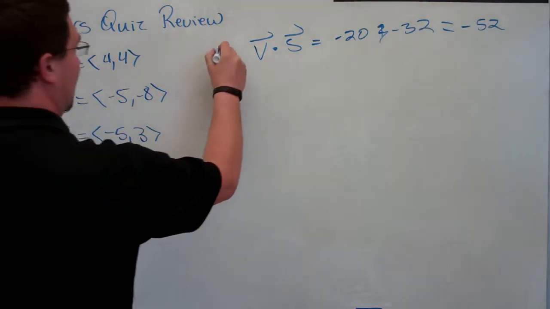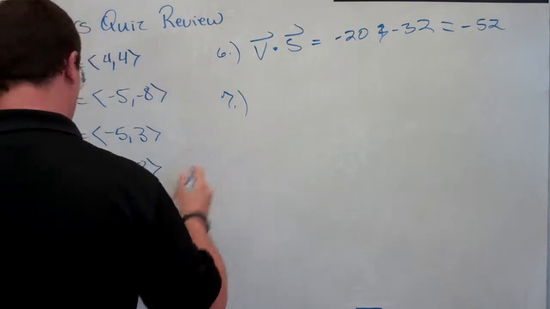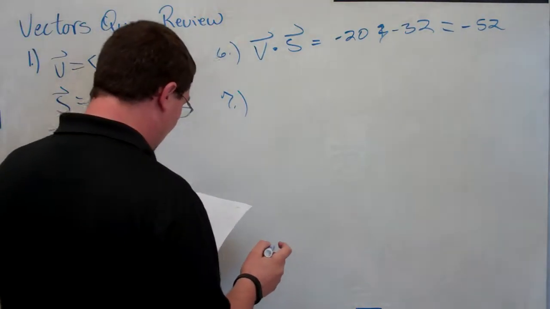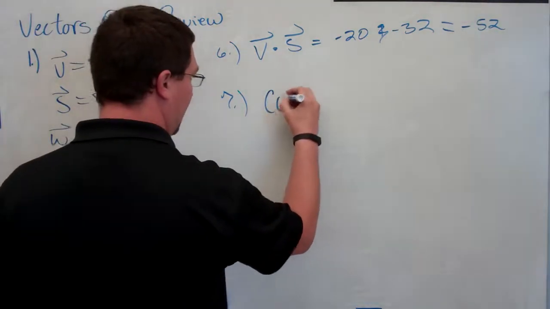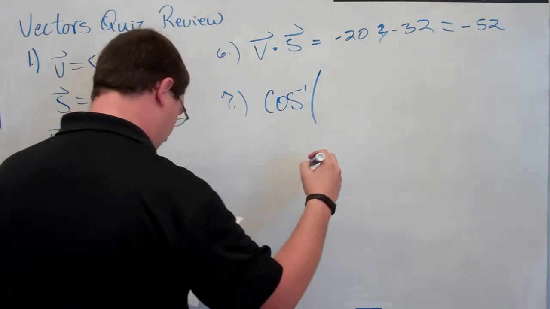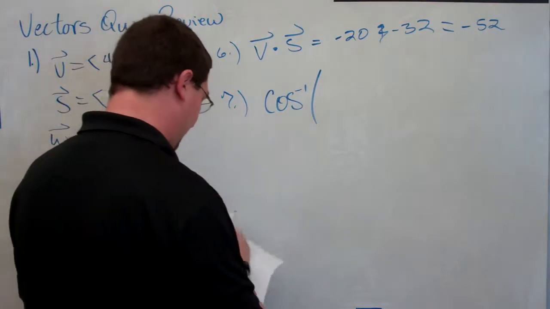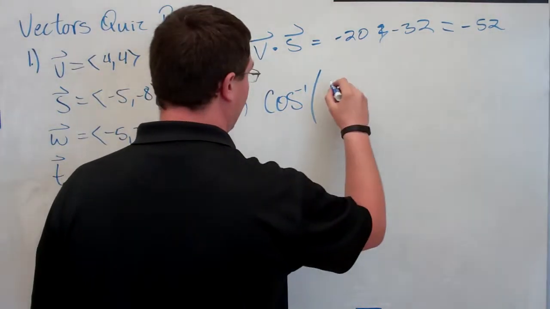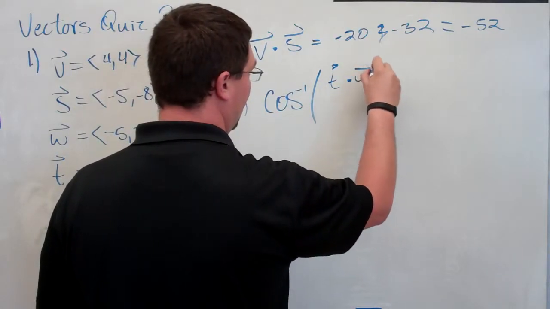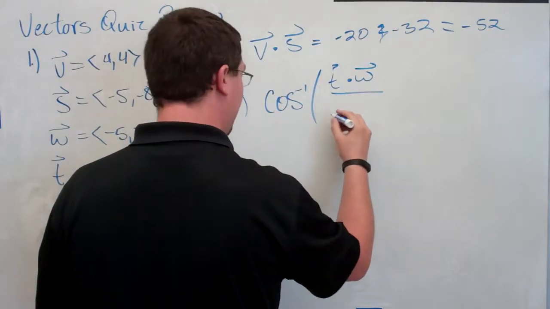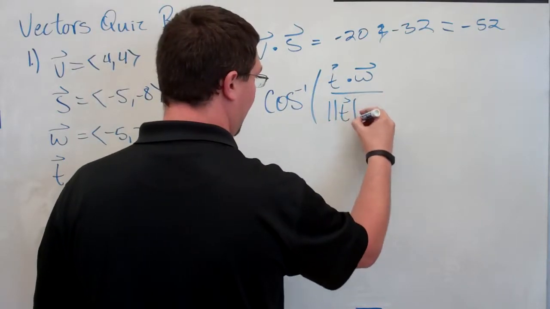All right, now number 7. I'm going to leave 6 up there just because I don't want to erase it. We want the angle between T and W. Well, remember, that's the inverse cosine of the dot product of your vectors, so we're going to dot T with W, then divide by the product of their magnitudes.